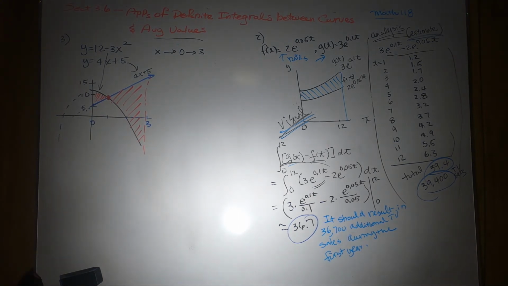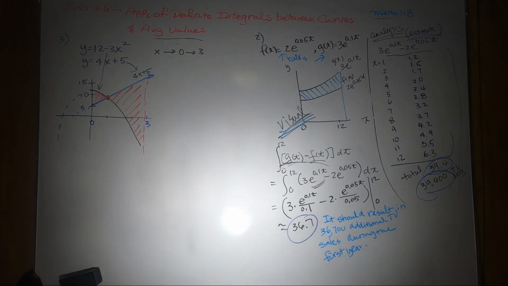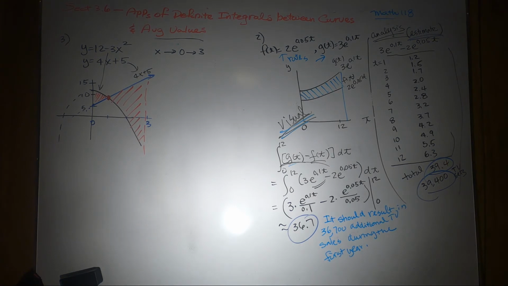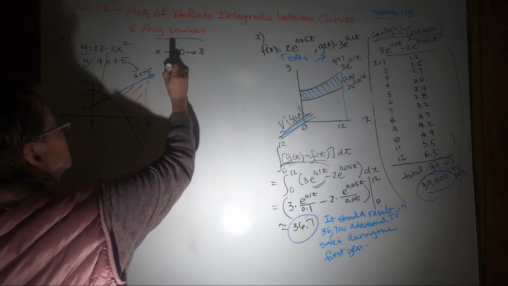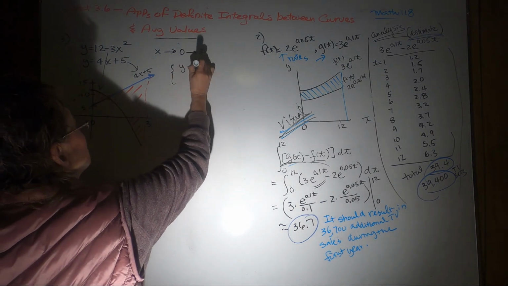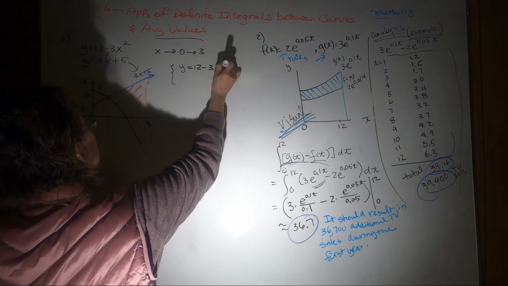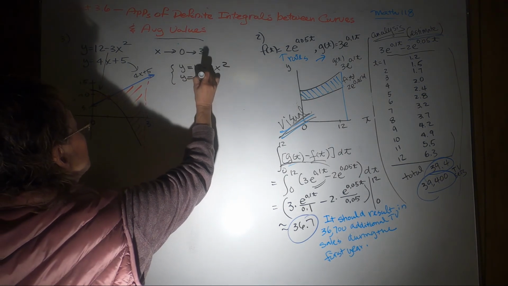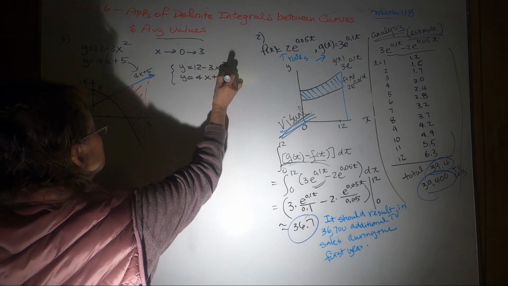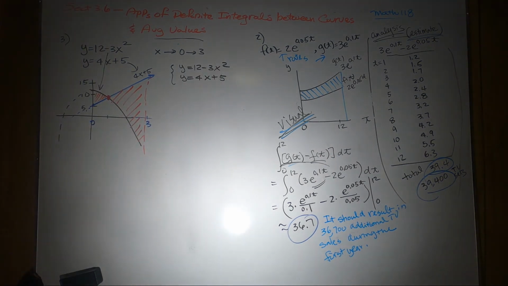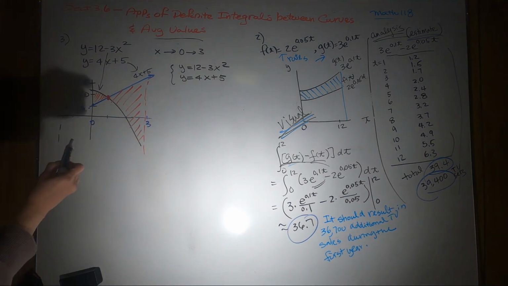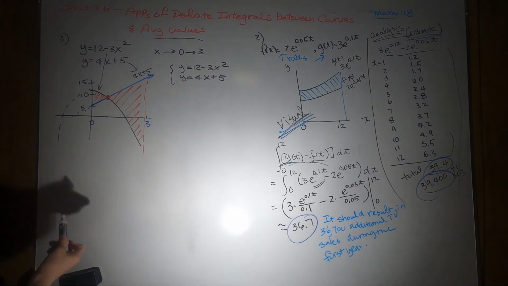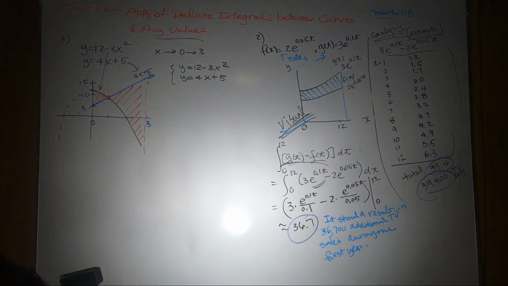Then, how do we find the meeting place? Okay, we do this. y equals 12 minus 3x squared. y equals 4x plus 5. Does that look familiar? If you put a curly bracket there, then you do what?